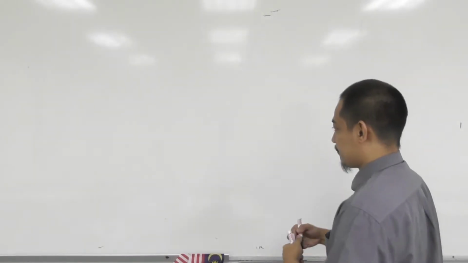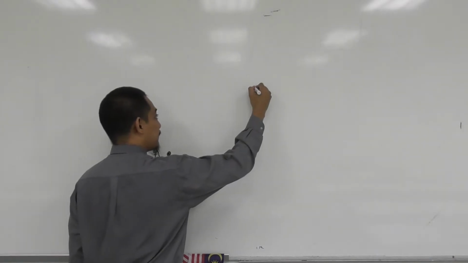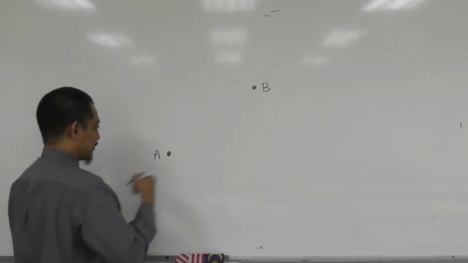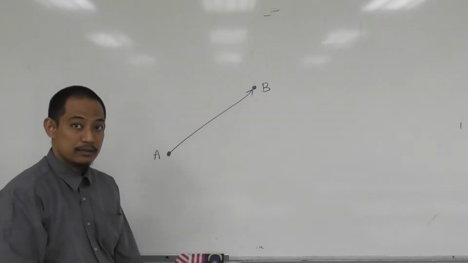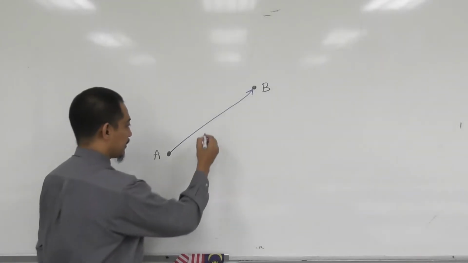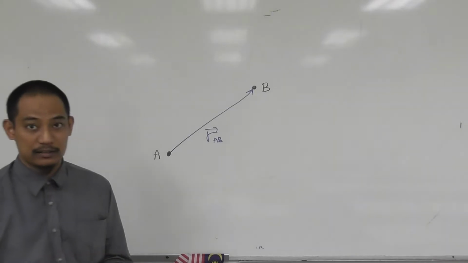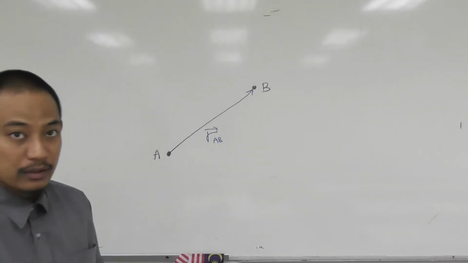For example, I have point A, point B. If I have a vector from point A to point B, I can express it as r_AB, and this r is a position vector.